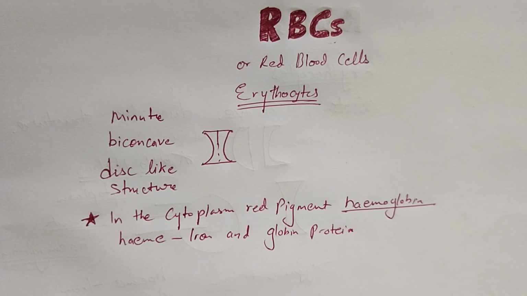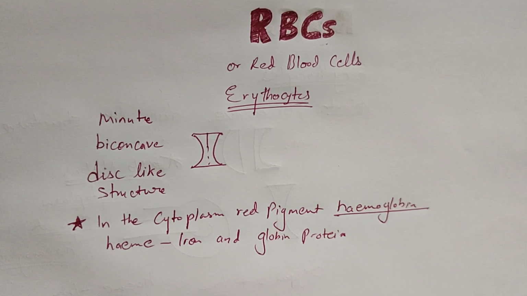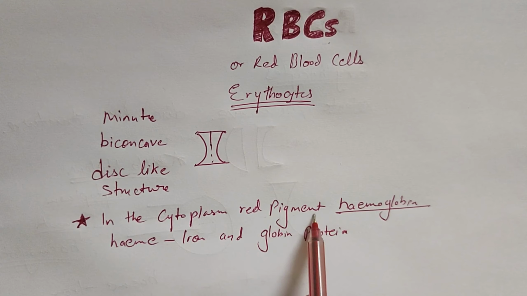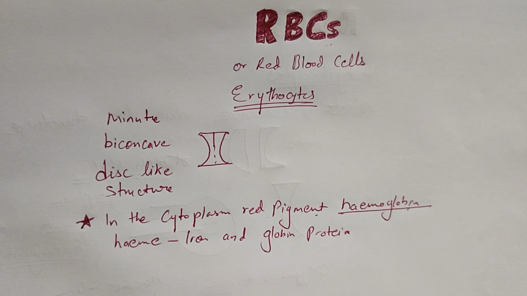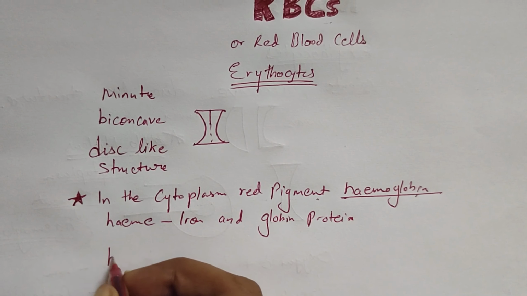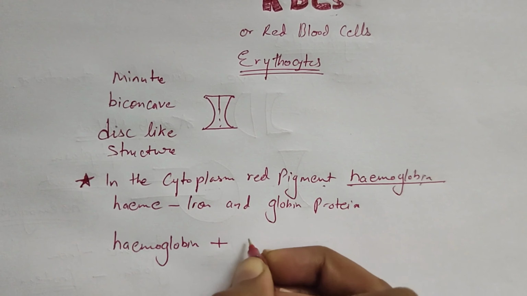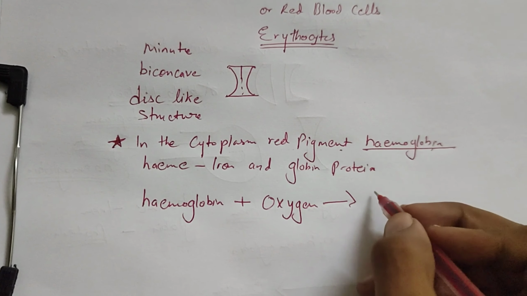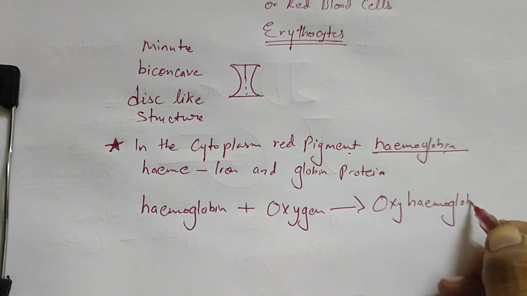These erythrocytes, or the red blood cells, or the RBCs, have an affinity for oxygen. The cytoplasm is filled with the red pigment called hemoglobin, and the hemoglobin has an affinity for oxygen. The hemoglobin combines with oxygen to give oxyhemoglobin.